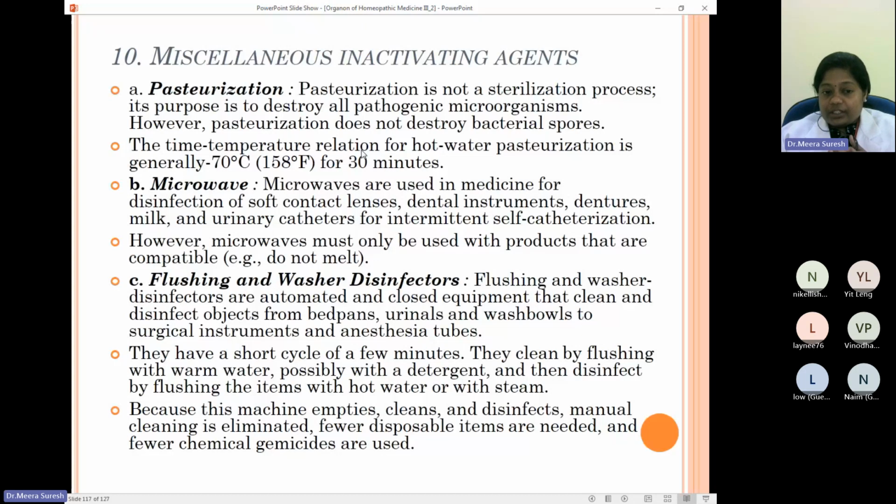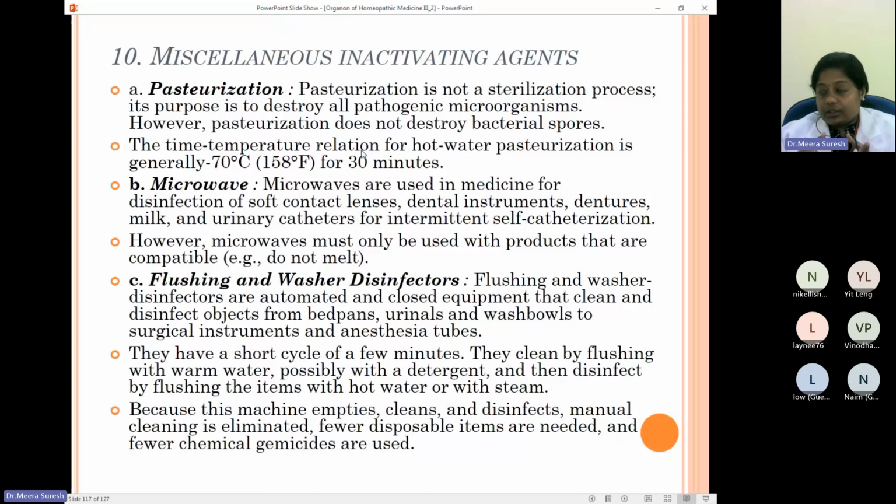Flushing and washer disinfectors are automated and closed equipment that clean and disinfect objects from bedpans, urinals, and wash bowls to surgical instruments and anesthesia tubes. They have a short cycle of a few minutes. They clean by flushing with warm water and possibly with a detergent, and then disinfect by flushing the items with hot water or with steam.